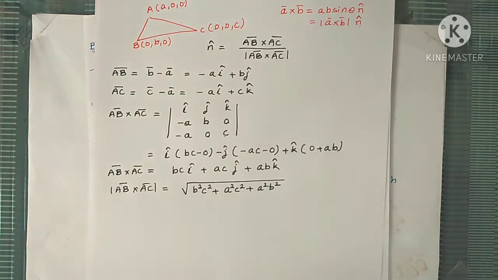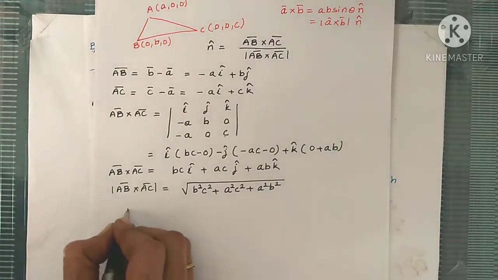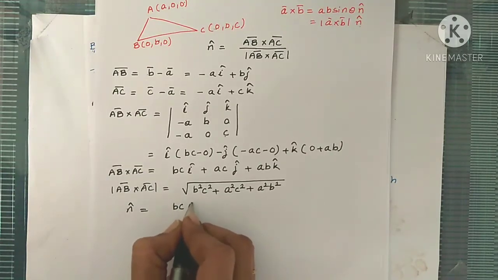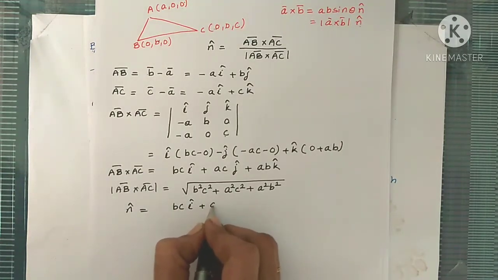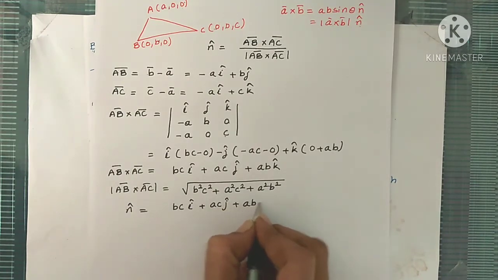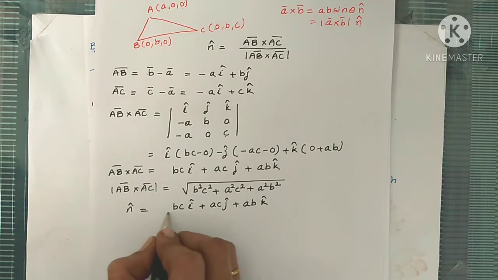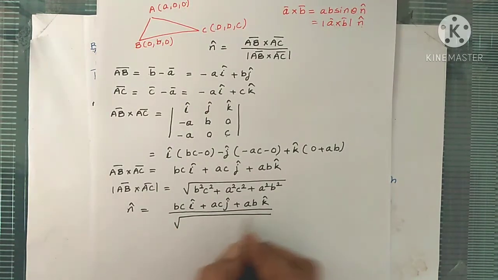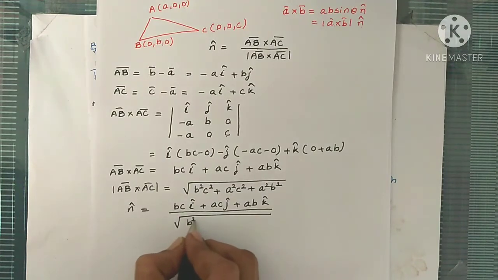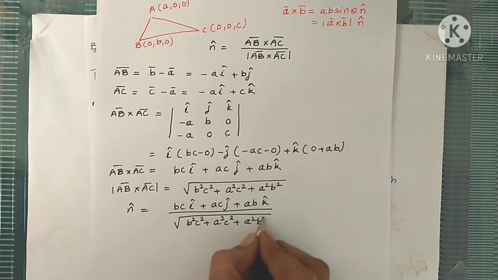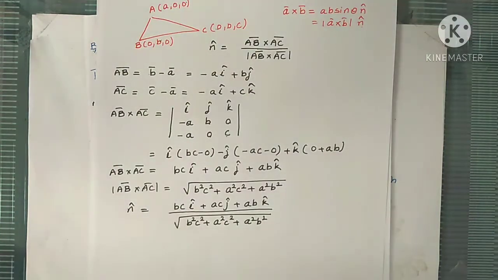So let's write it as it is. So n cap becomes now BC I cap plus AC J cap plus AB K cap divided by modulus of that vector, which is root of B square C square plus A square C square plus A square B square.